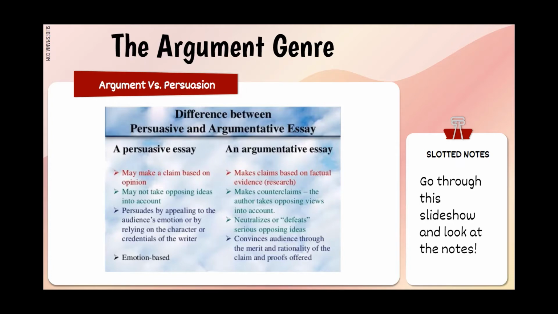Then an argumentative essay makes claims based on factual evidence, so research, makes counterclaims, the author takes opposing views into account, neutralizes or defeats serious opposing ideas, and convinces audience through the merit and rationality of claim and proofs offered.